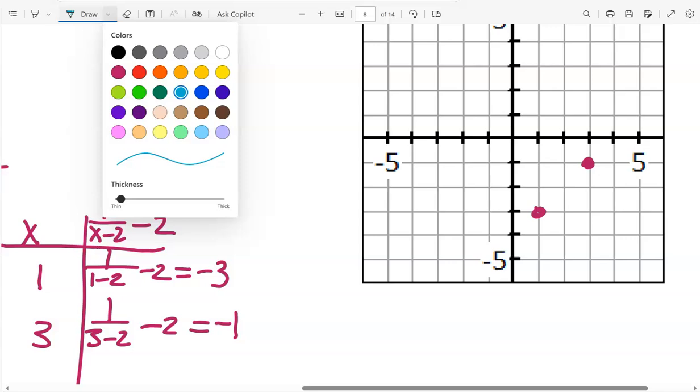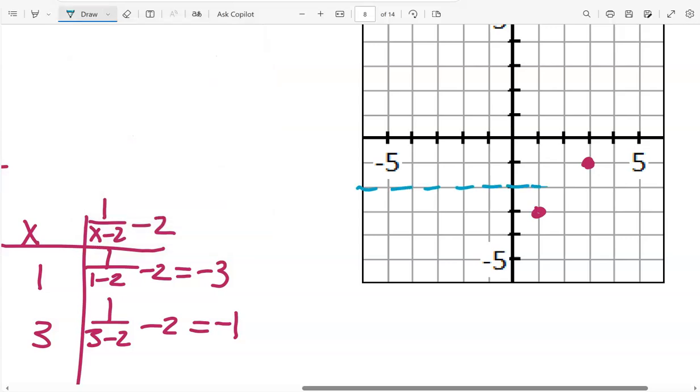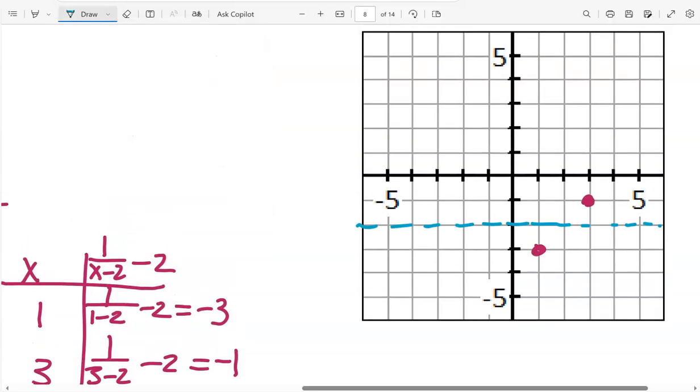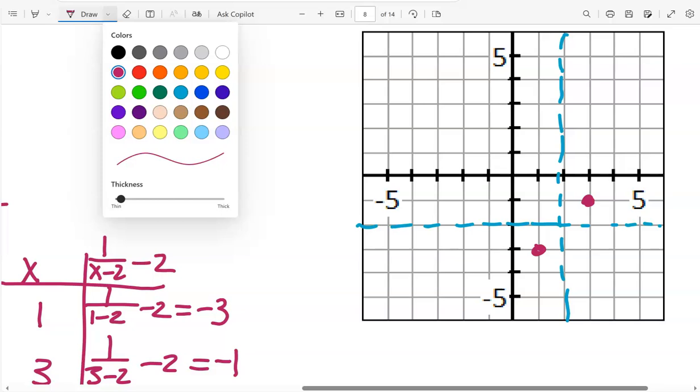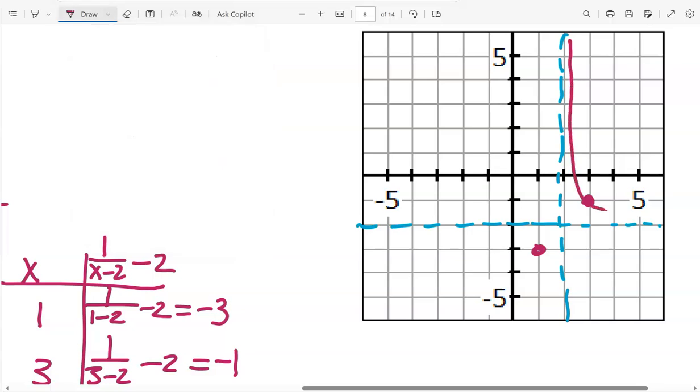We have a horizontal asymptote at y equals negative 2 and a vertical at x equals 2. And so that tells us what the hyperbola looks like with those anchor points graphed, approaching the asymptotes on either side of each branch of the hyperbola.